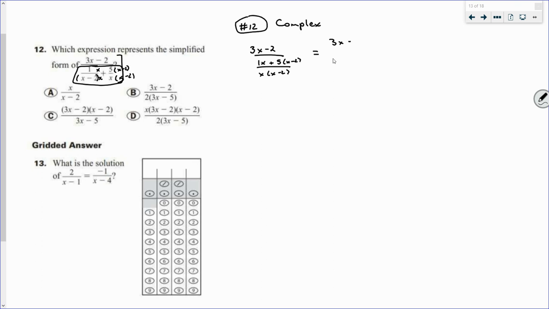So leaving the top alone, that's 5x minus 10, so that becomes 1x plus... do some distributive property, which really makes it the top alone.